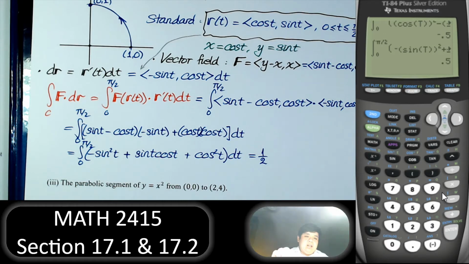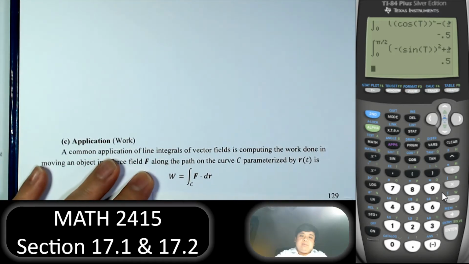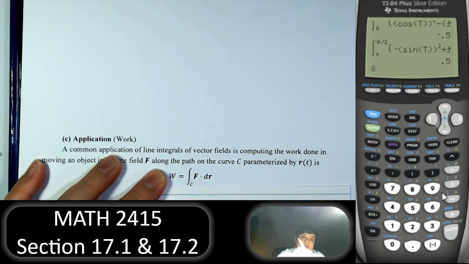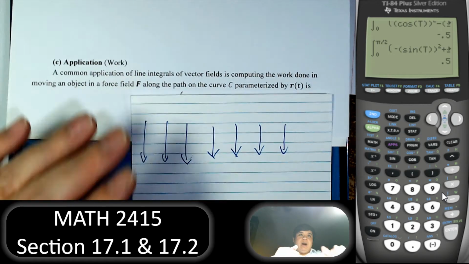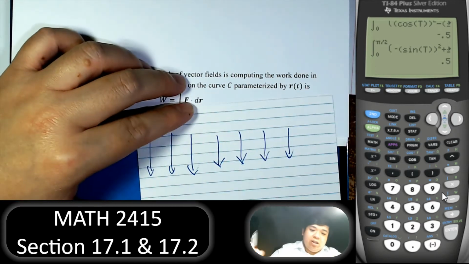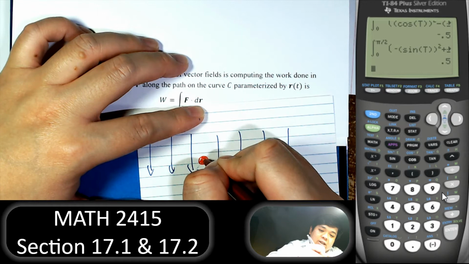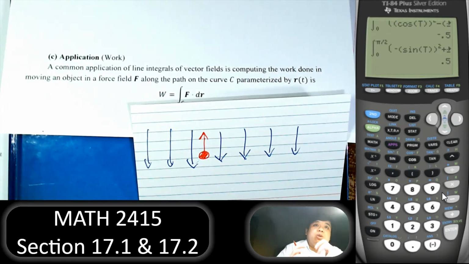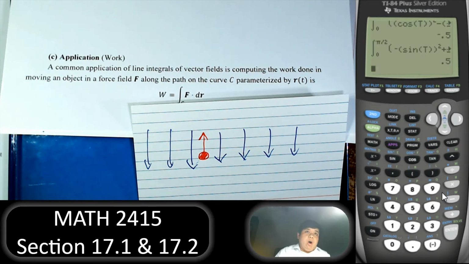Think about this. An application of this is work, for example. Let's say we have gravity pulling down, so the vector field of gravity pulling down. You try to move this object up. If we have to move it against gravity, then we have to put in some work to lift it up.